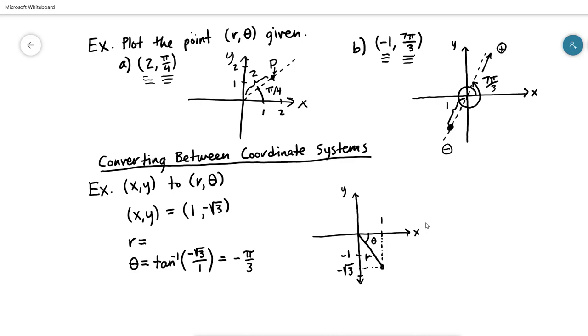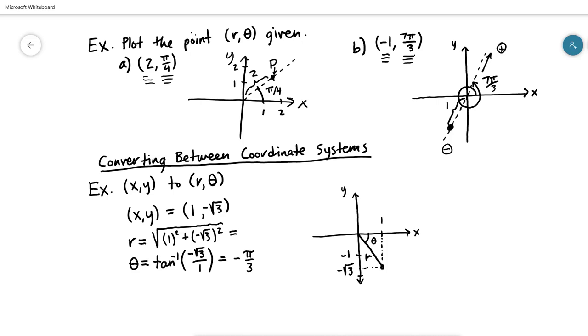For the radius, I just want the distance right here, and I can do that by again using the Pythagorean Theorem on this right triangle that we've got right here. So it's going to be the square root of 1 squared plus negative square root of 3 squared.